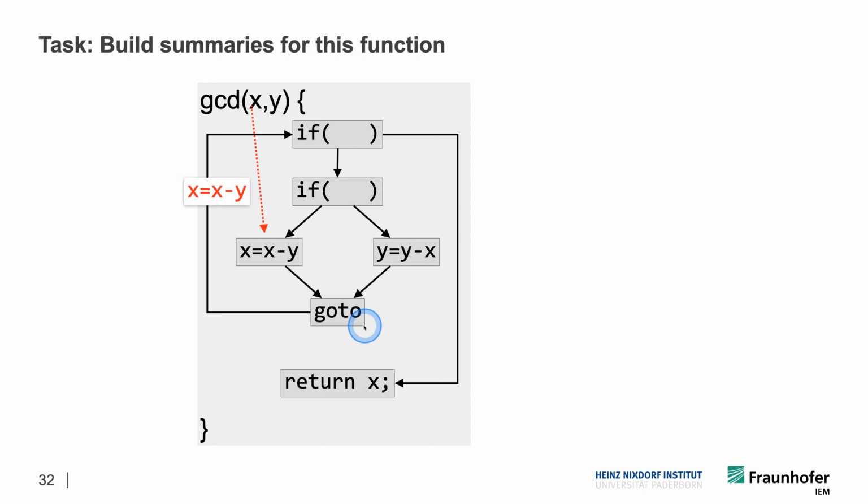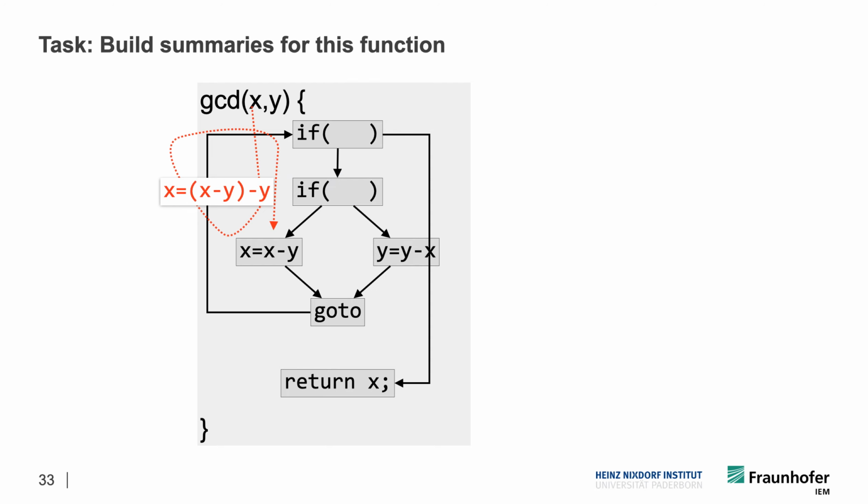So the control flow graph that we look at actually looks like this. If we first compute a summary from the start of the procedure to just after this node, then this is what our summary could look like: x equals x minus y. The thing is, we can go around this branch and iterate through this loop.